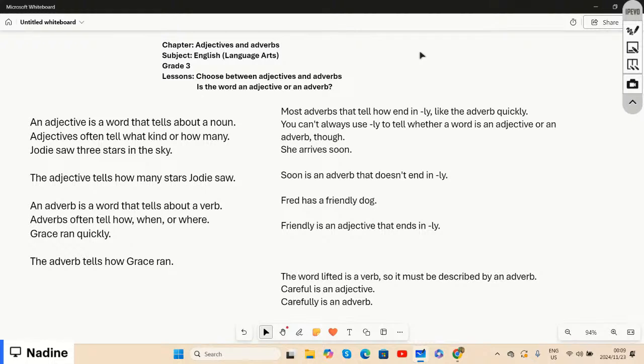And also, like we said, an adjective tells us more about the noun, it describes the noun, or we can say it modifies the noun.